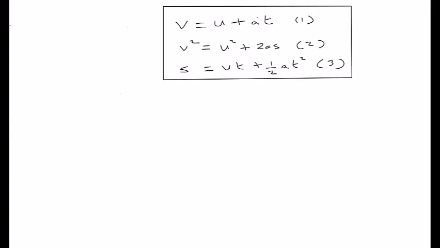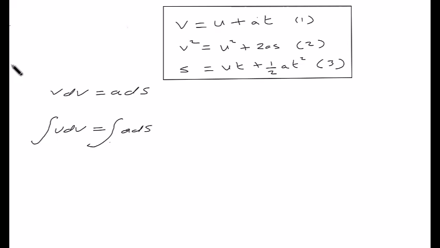Now let's look at another example for these constant acceleration problems. This time we're going to use this relationship, v dv is equal to a ds, which is an important relationship to remember. And this is an integral, the way it's written. So v dv is equal to the integral of a ds.